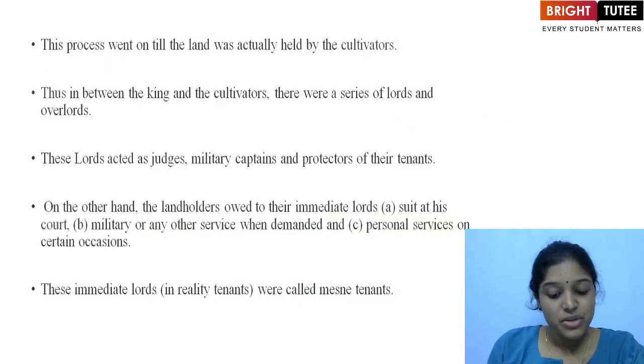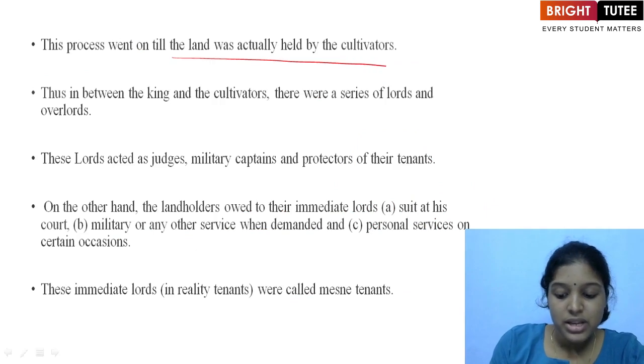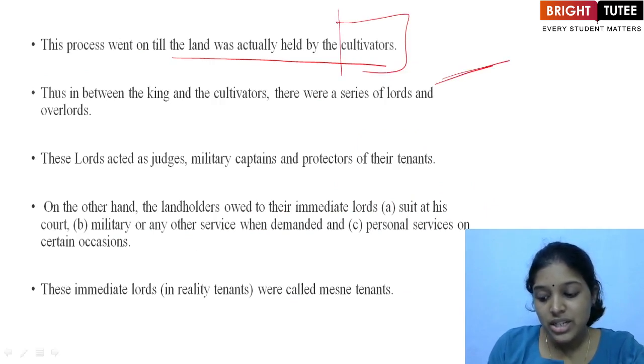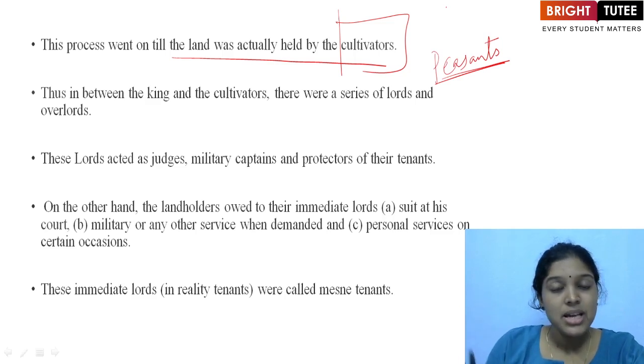This process went on till the land was actually held by the cultivators. So the last strata in this pyramid is the peasants or cultivators. At the top we have the king, then the tenants-in-chief, then the subtenants, and finally the cultivators.